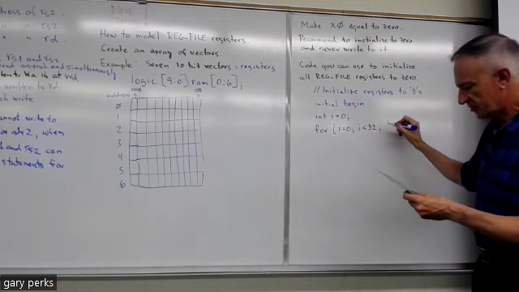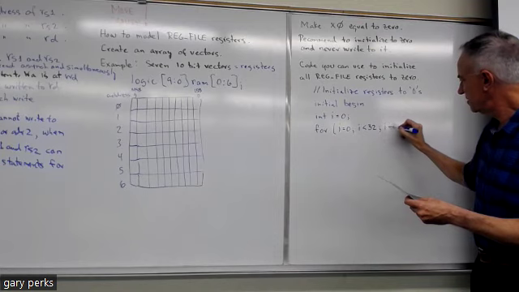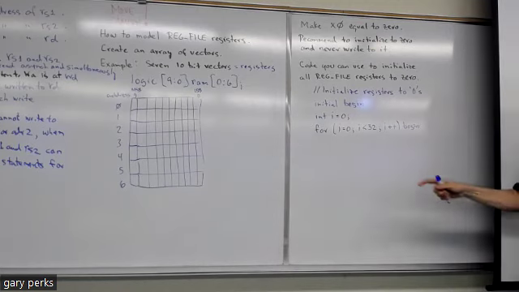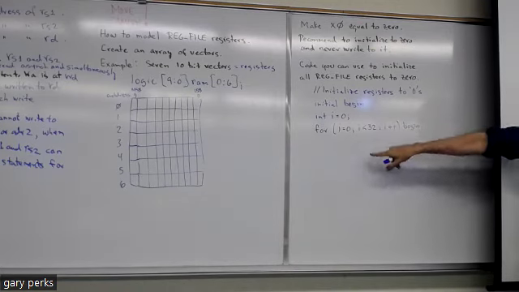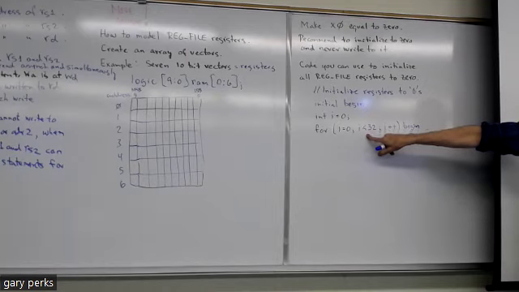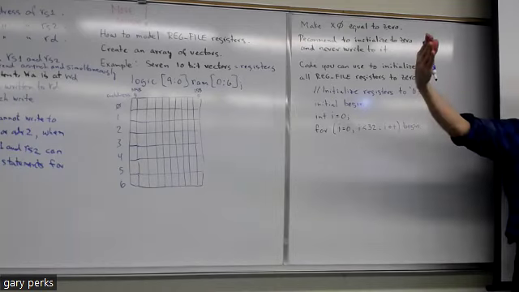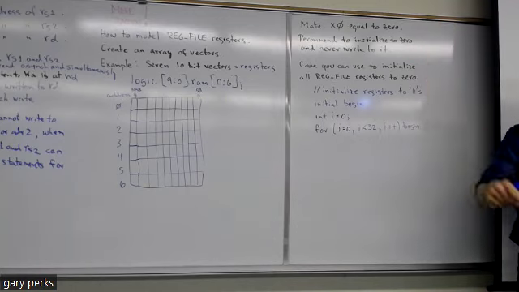Like that. So it's just going to increment. It's just going to start at 0 and increment by 1 up until 31, right? Because since we started at 0, the 32nd register is going to be index 31.